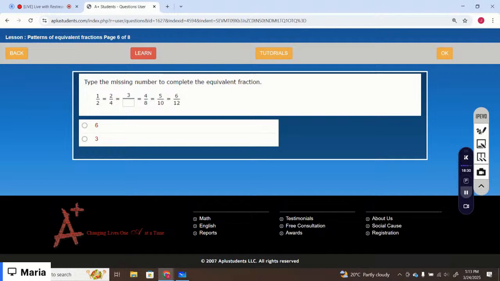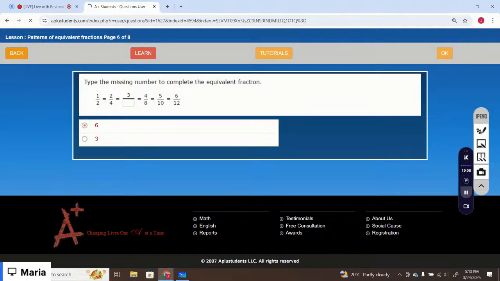Type the missing number to complete the equivalent fraction. That is 3 by 6. Option number 1 is the correct option. Okay, you can complete the lesson by yourself later today.